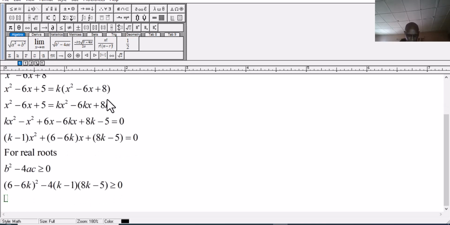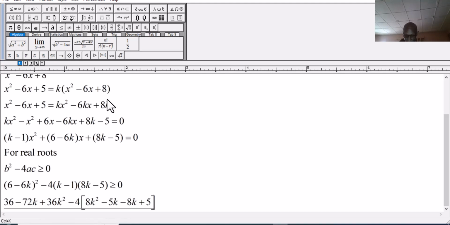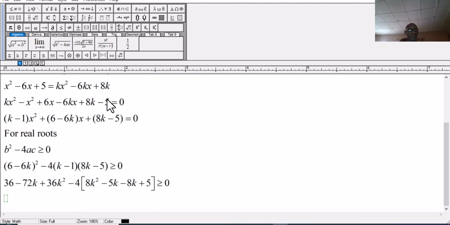So let's simplify. This will give us 36 minus 72k plus 36k squared. The next one, which we have minus 4, I'm going to open a big bracket. So that will be 8k squared minus 5k minus 8k plus 5, greater than or equal to 0.